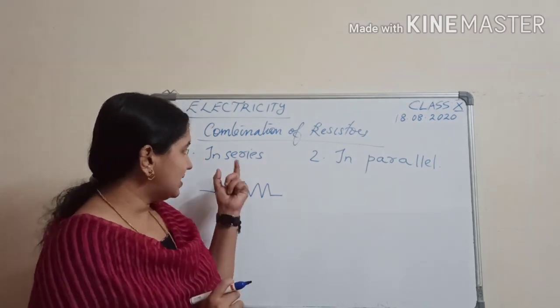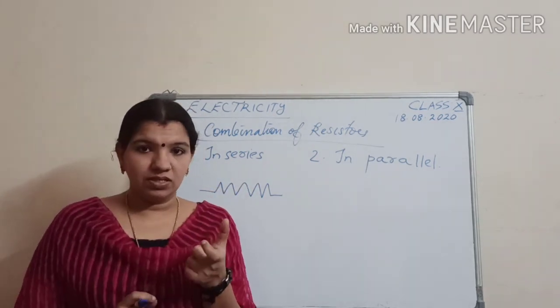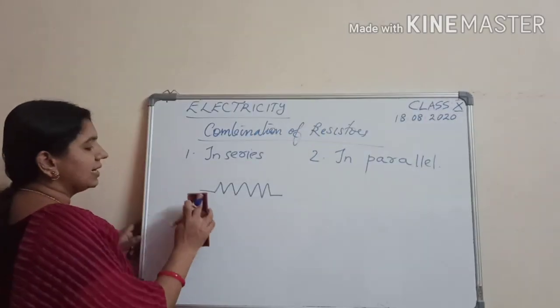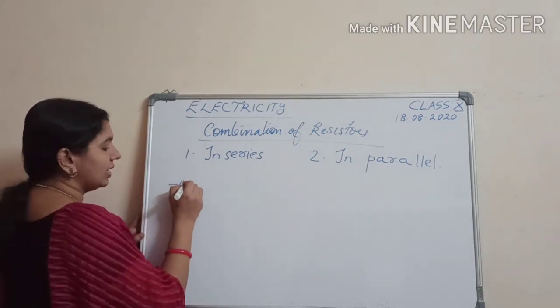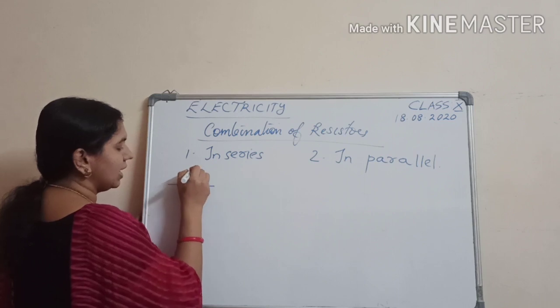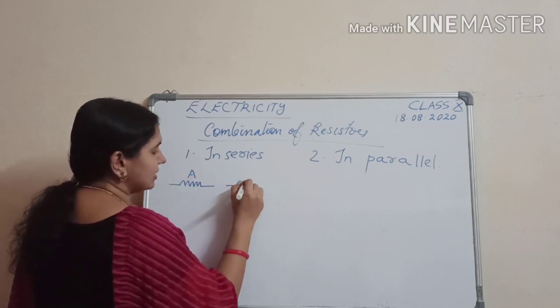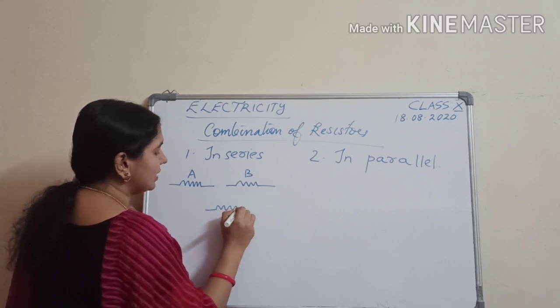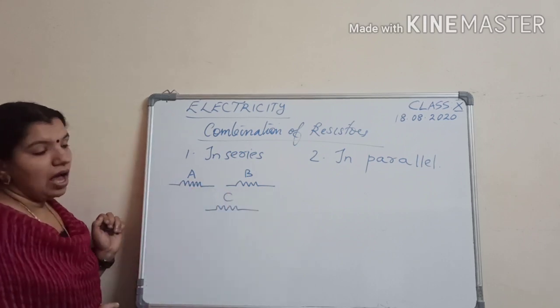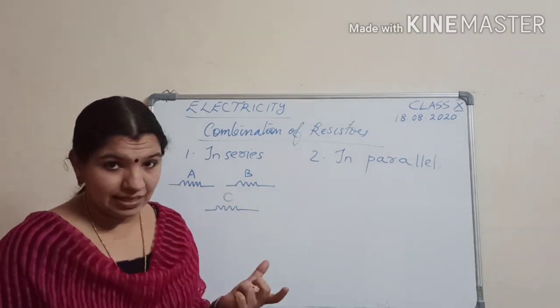Understand? So if you are connecting in series, for example, if you have a resistor, I am naming it resistor A. This is A. And another resistor B. And third one is C. I have to connect them in series.